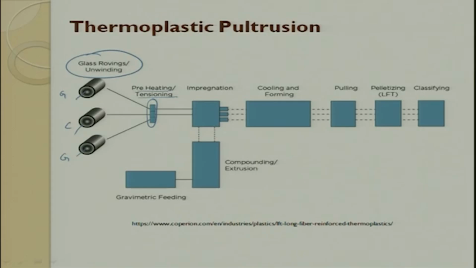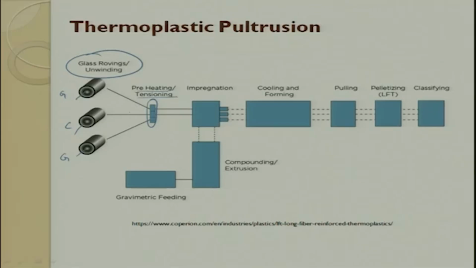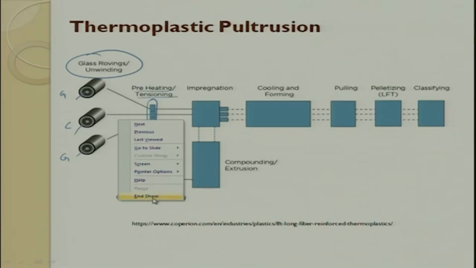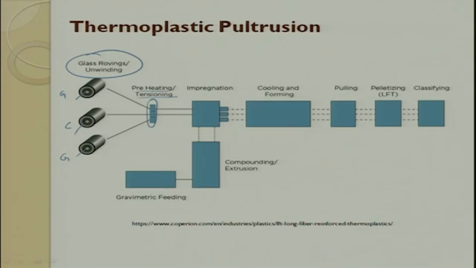This is the first stage, wherein we do a small amount of preheating, and we also try to maintain some amount of tensioning. Then, through the feeding unit, we give the compound, whatever it is, which is extruded, and it is getting impregnated in this facility.